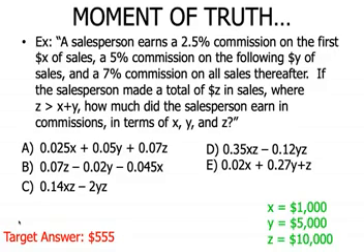Now, A is a very, very tempting answer option, especially if you don't use this picking numbers trick. I mean, look, it matches the commission structure pretty closely. I got 2.5%, I got 5%, and I got 7%. But the problem is, this is 7% of the whole amount of sales.